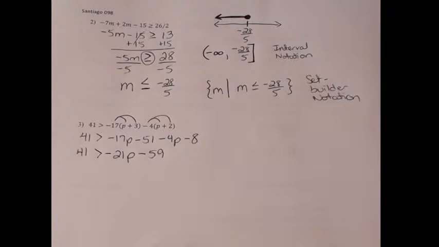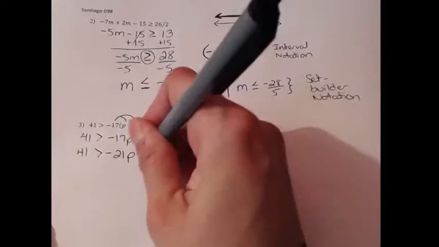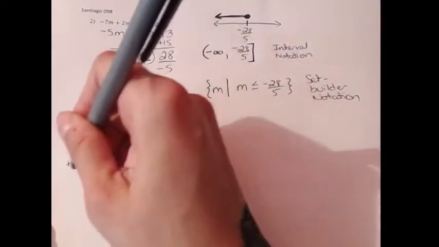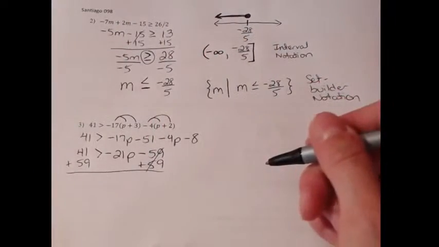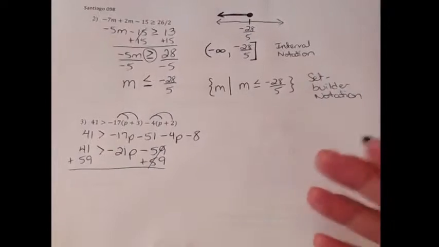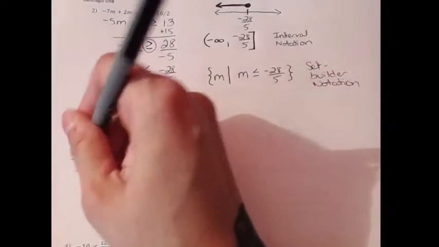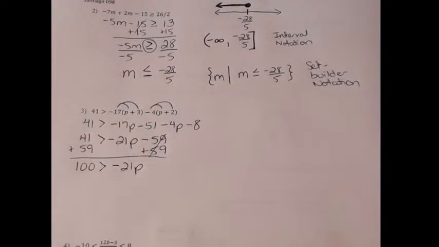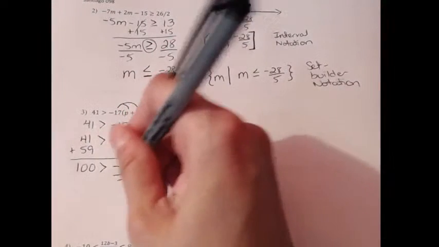Now, we have to isolate my term that has p. So I'm going to bring over the 59 so that I can combine like terms. Notice those cancel. And then we combine like terms. So we've got 41 plus 59, which is 100. So 100 is greater than negative 21p. Now, we have to isolate p, so we're going to divide by negative 21.